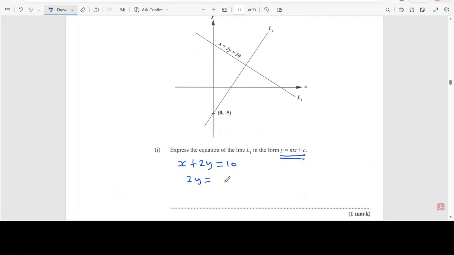So 2y is equal to minus x plus 10. We want to get y by itself, so we have to move the 2 across, so we divide by 2. So if you divide by 2, this will become minus a half x plus 5. Right? When you divide by 2, the 2 goes underneath here, right? So that's a half, and 10 over 2 is 5.